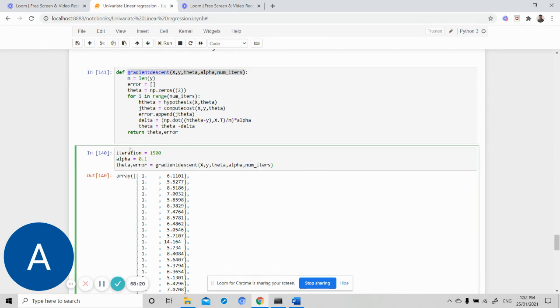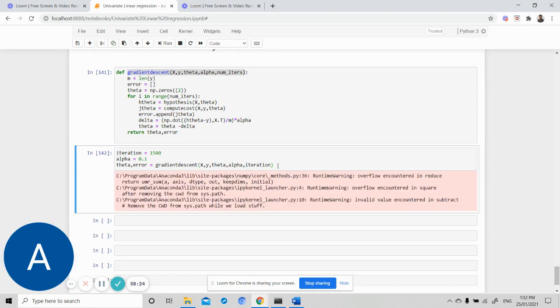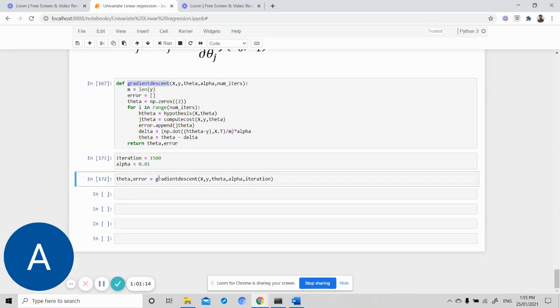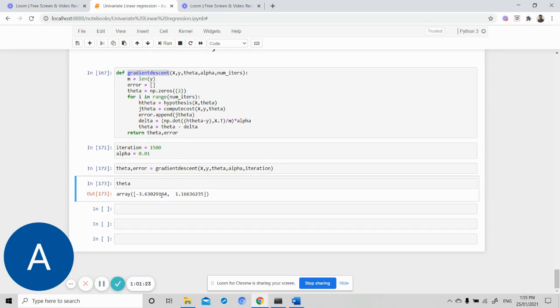So here my normal iteration is, okay, if we take theta, so now we have the optimal value of theta. So this is my optimal value.